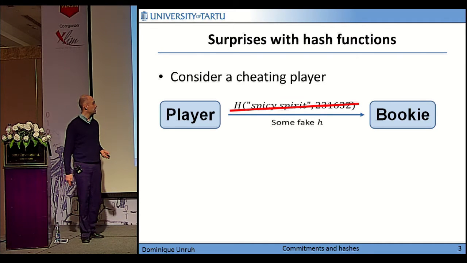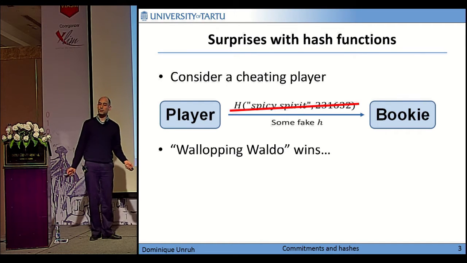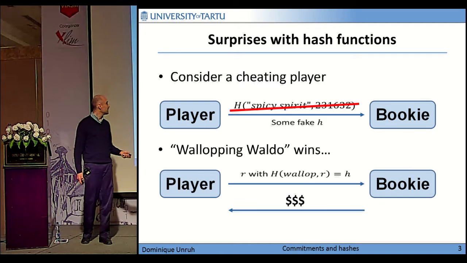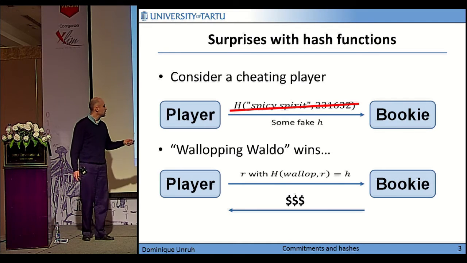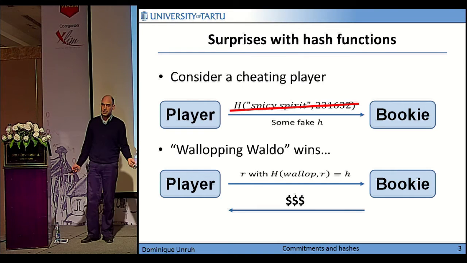Later, when some other horse wins, say Walloping Waldo, the player performs some algorithm to find an R so that the hash of Walloping Waldo and R equals the value h he sent earlier, and the bookie sends money. This would be a typical attack.